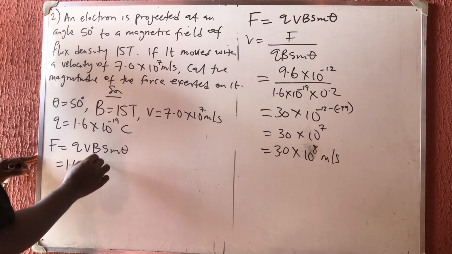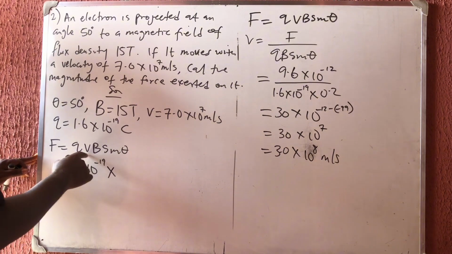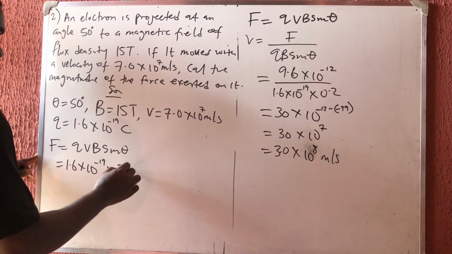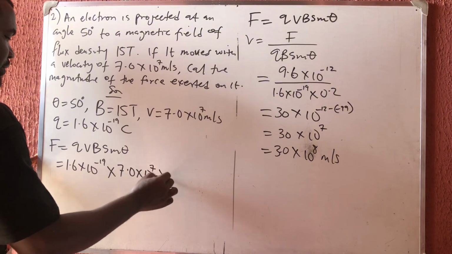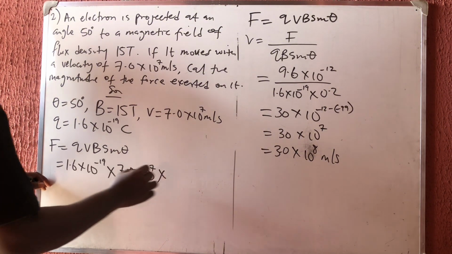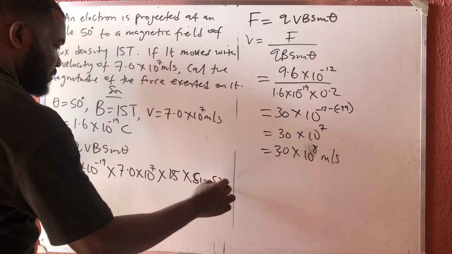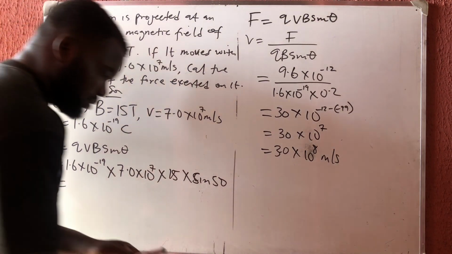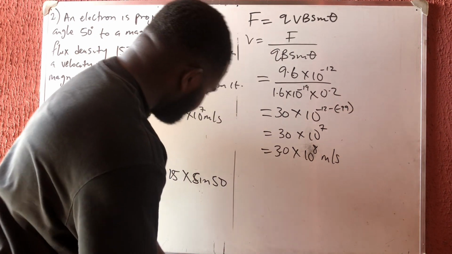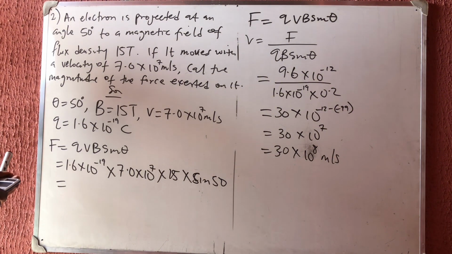So that is 1.6 times 10 raised to power minus 19 times my V, 7.0 times 10 raised to power 7, times my B, 15, times sine 50. So this is going to be 1.6 times 7 times 15 times sine 50.